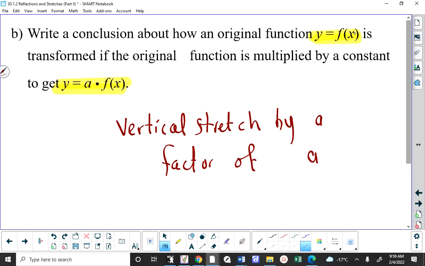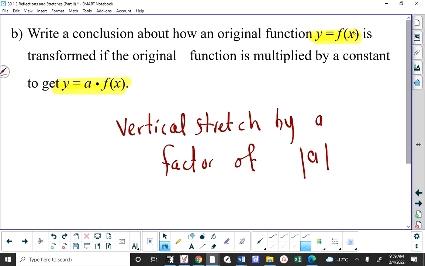Now, I'm going to add absolute value of a. That's not important in any of the illustrations I just showed you. But if a is negative, if you look up here on the left-hand screen, then you're really multiplying the function by a negative, and it reflects vertically.